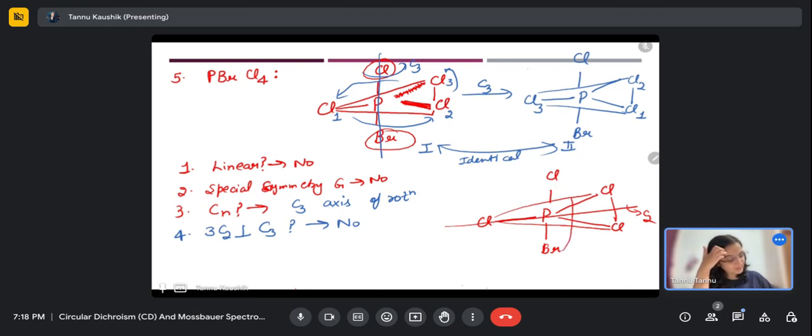That is, this Br and Cl will exchange their positions and we won't get an identical configuration. So we don't have a C2 axis of rotation in the molecule.